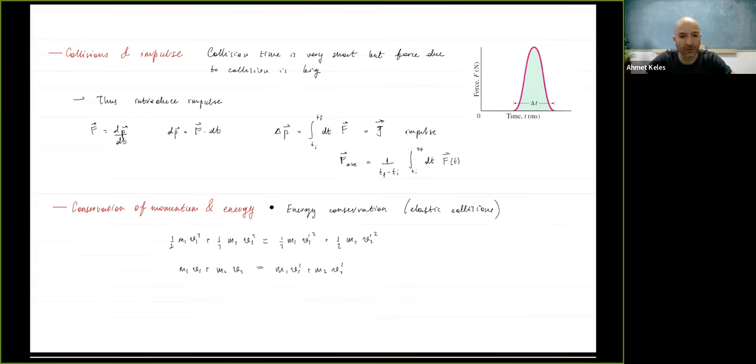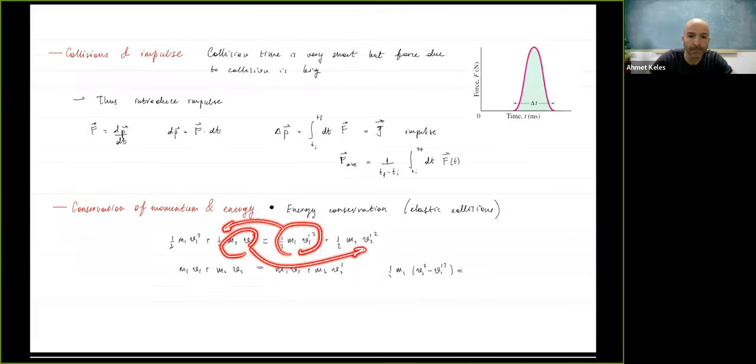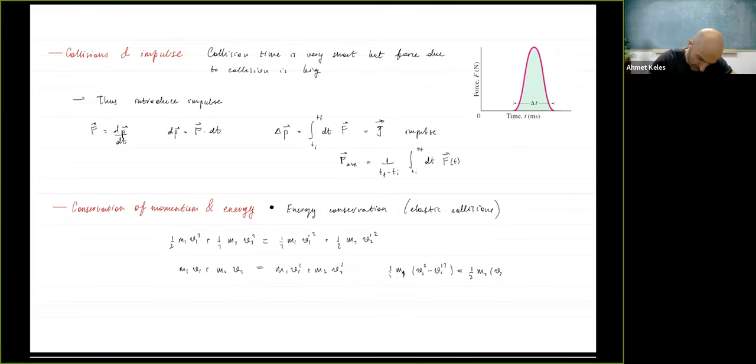You can do it any way you like, but the way I do this is I use the first one and I write 1/2 m1 (v1 squared minus v1 prime squared) should be equal to, I took this guy to this side, and I'm going to take this guy to this side, 1/2 m2 (v2 prime squared minus v2 squared).